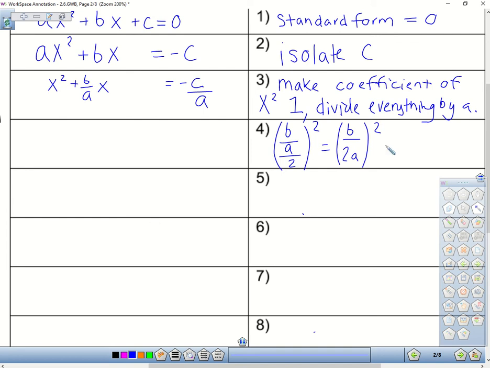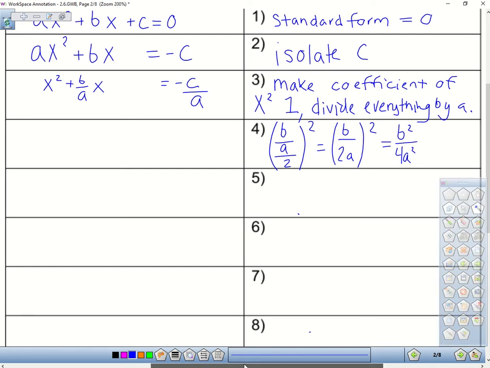And then we have to square it, of course. So when we square that, it becomes, well, we don't need the parentheses anymore, b squared over 4a squared, because I squared the numerator and the denominator individually. Okay, everybody see where I got that from?